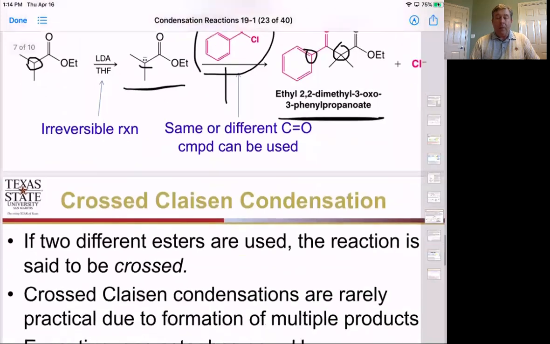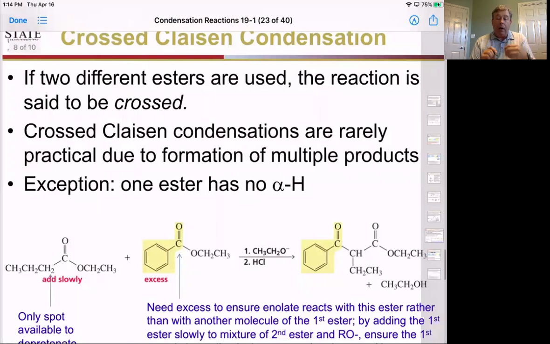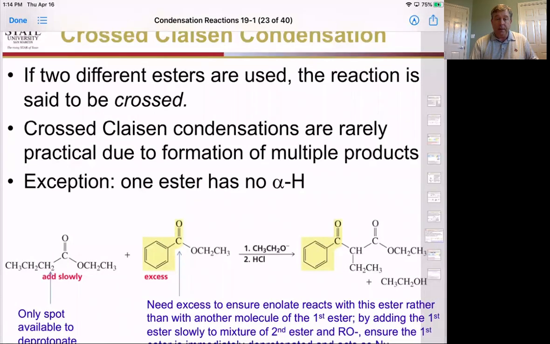Okay. Now we can do what is called a crossed Claisen condensation. In a crossed Claisen condensation, you use two different esters, okay? Now, the way we typically do that is we have an ester that has two alpha hydrogens, and then we have another ester that we use in excess that has no alpha hydrogens.